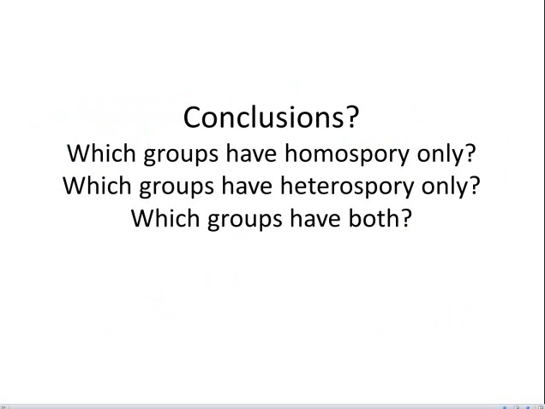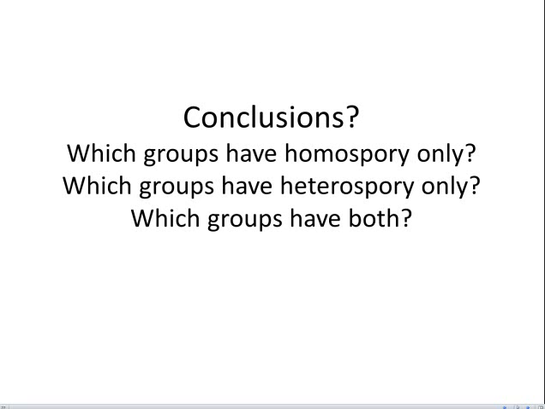And so our conclusions, based on what we just looked at, which groups have homospory only? All right, that would be which group? Group what? Group 1. Yes, homospory only. How do we characterize that group? Non-vascular seedless, that's right. Which groups have heterospory only?